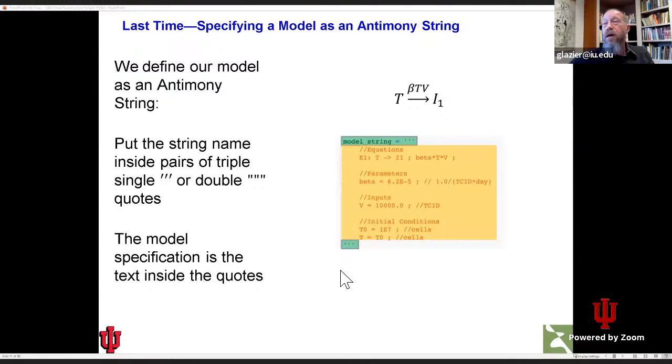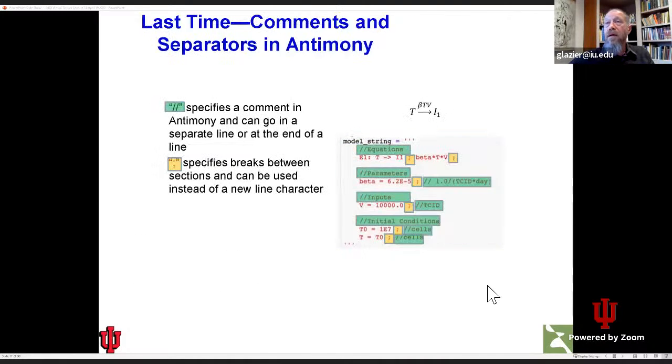So just to remind you what an antimony string looks like, typically we will create a model string, which is going to be a Python string. We'll put it inside of triple quotes so we can have carriage returns in it. Remember, we can use comments.